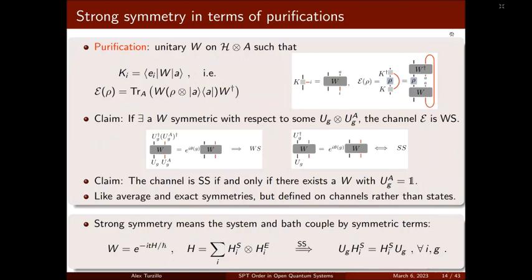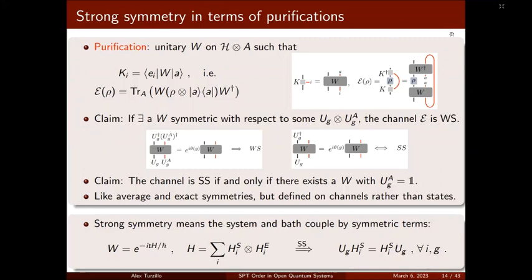Now, one other perspective on the two symmetry conditions, which gets close to the definition that you'll find in Chong's paper on average SPT phases, is in terms of purifications. For every channel, there is some purification that one builds by enlarging the system by appending some ancillas and representing the channel as a unitary evolution on this larger system, followed by tracing out the ancillary degrees of freedom.